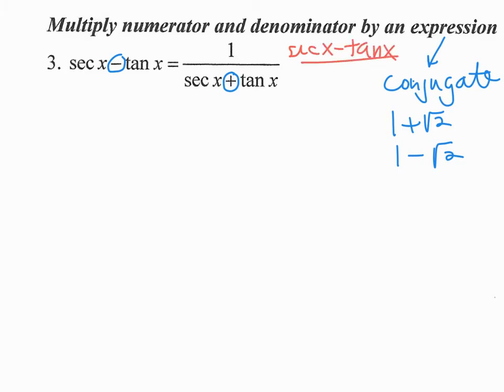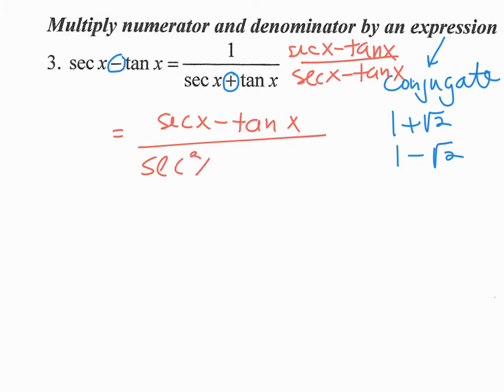So I'm multiplying top and bottom by secant x minus tan x. Okay, so this time I'm working on the right side, and I'm trying to get it to be the left side. So on the top I have secant x minus tan x, because it's just times 1. On the bottom, I have secant squared x minus tan squared x.